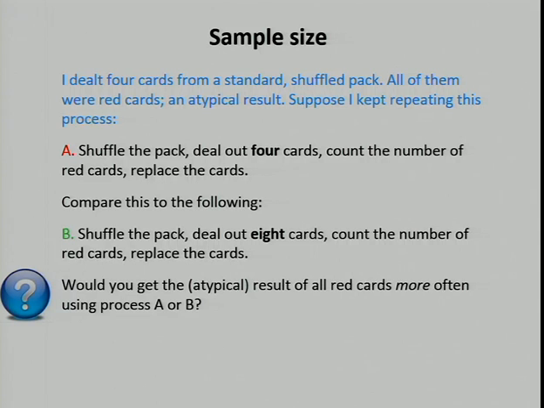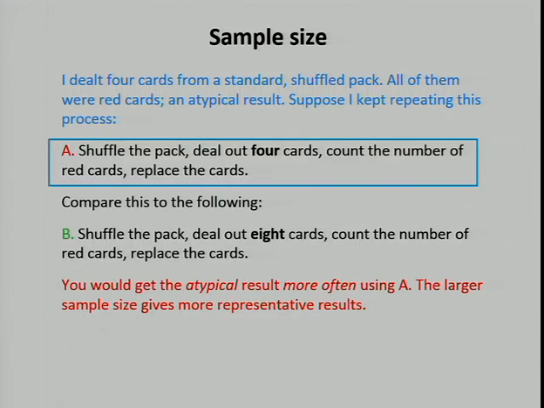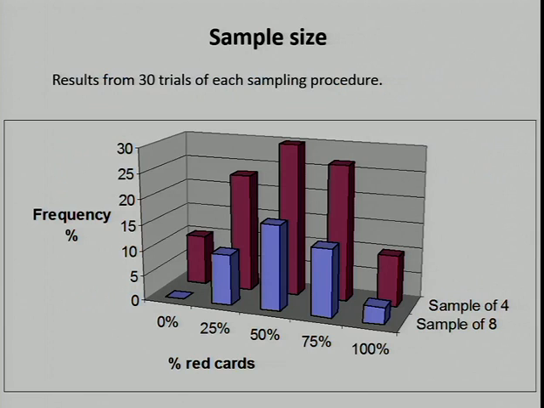Is that more likely than the case where you deal out 8 cards and again get 8 that are all red? This is basically the same example, where again we would expect the atypical result to be more likely for the smaller sample. Here's the maths behind it, which I'm not going to explain, but you can test that out at home.